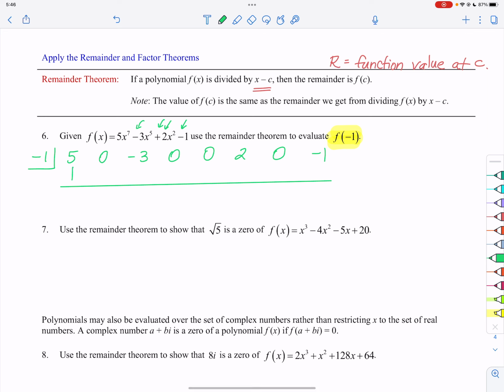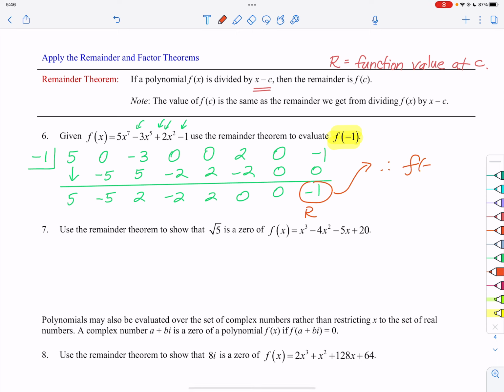Okay, drop the 5, and then go ahead and perform your synthetic division. And we have a remainder of negative 1. So what does that mean? Therefore, f of negative 1 is negative 1. So it's a very, very good theorem.